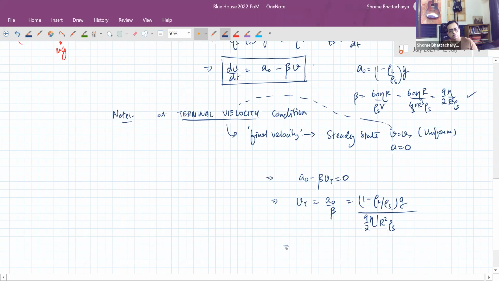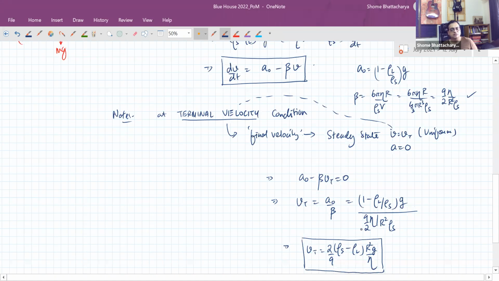So the formula of terminal velocity that we get becomes density of solid minus density of liquid multiplied by a factor of 2 by 9 into r square g divided by coefficient of viscosity. So this is a rather lengthy formula to remember.